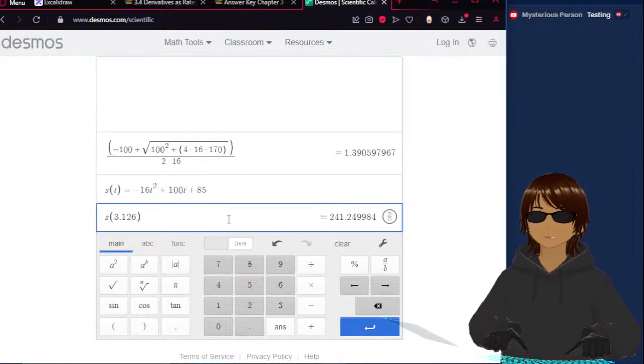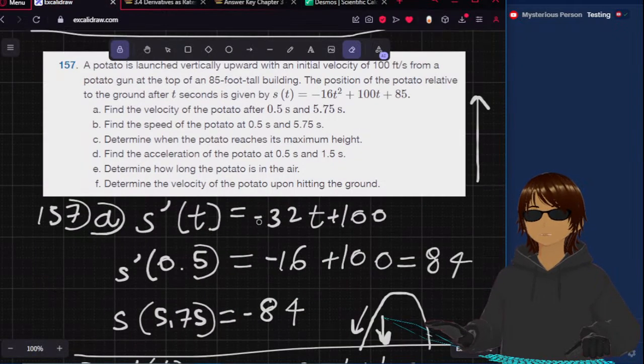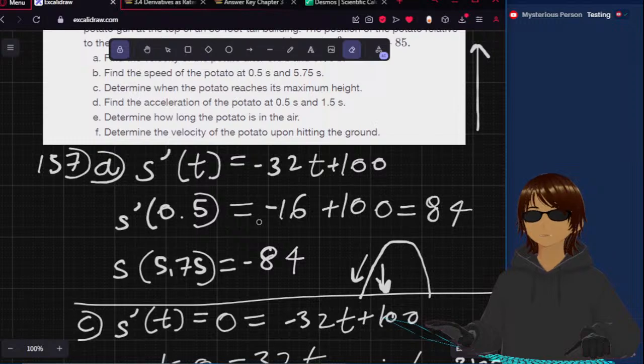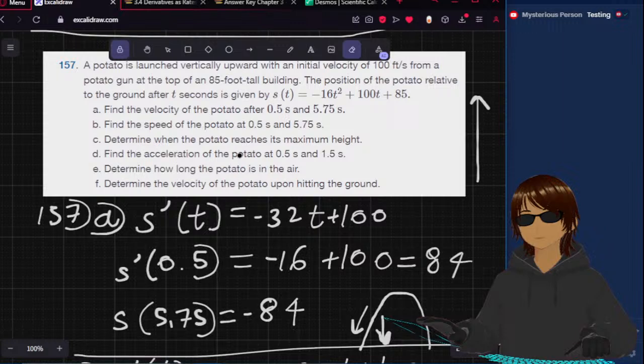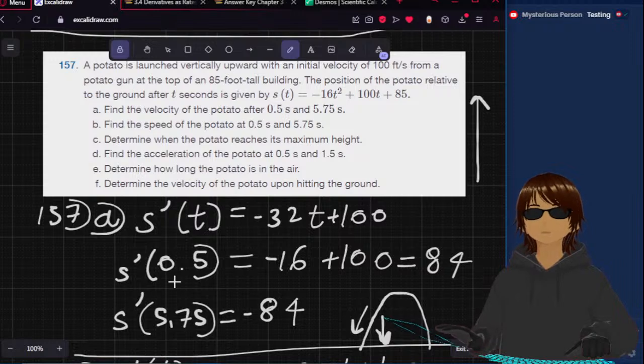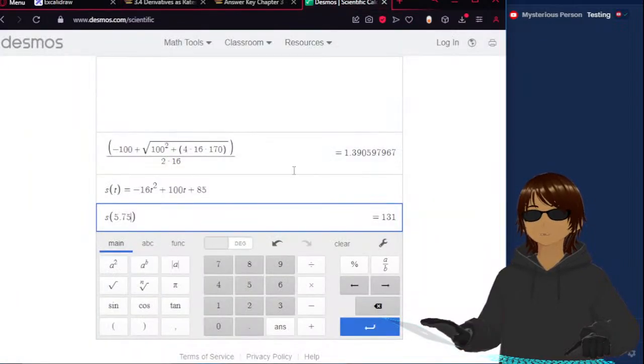Okay. 131. This is velocity. .39 seconds.